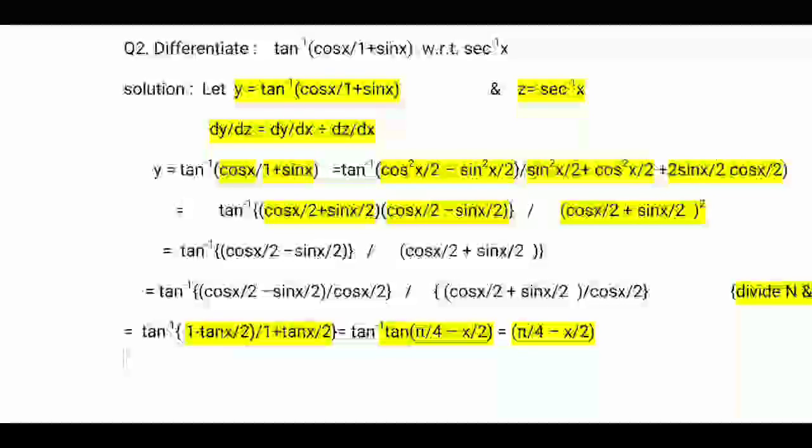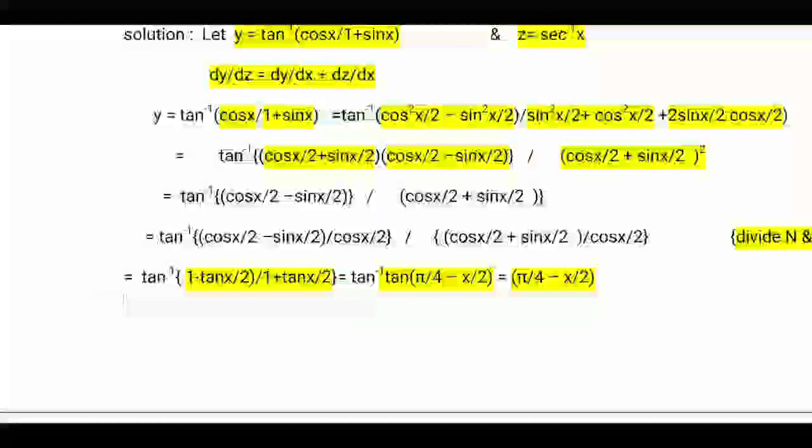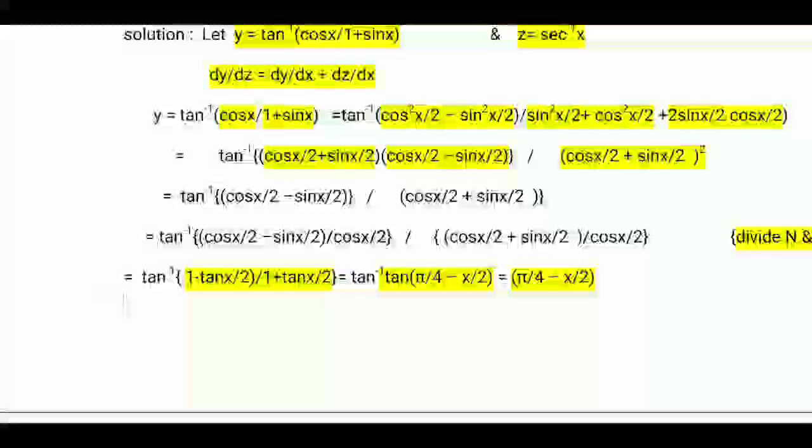Now we have cos x by 2 minus sin x by 2 whole upon cos x by 2 plus sin x by 2. So now divide numerator and denominator by cos x by 2 within the bracket, we get tan inverse (cos x by 2 minus sin x by 2) whole upon cos x by 2, upon (cos x by 2 plus sin x by 2) whole upon cos x by 2.